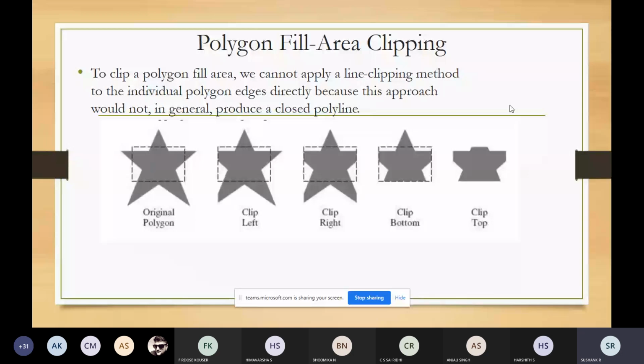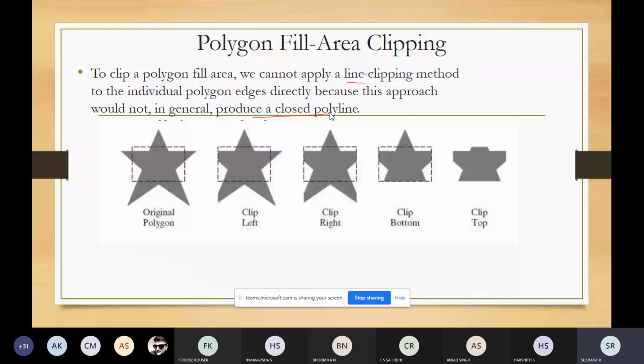Why are we not using the line clipping method? Because it will not produce a closed polyline. Even if you try to clip using the line clipping method, you will not get a closed polygon. So for that we are using this approach.